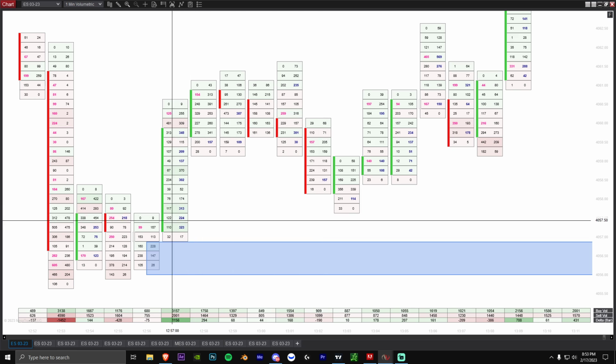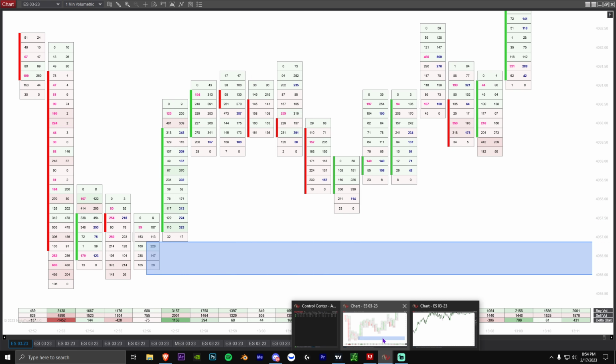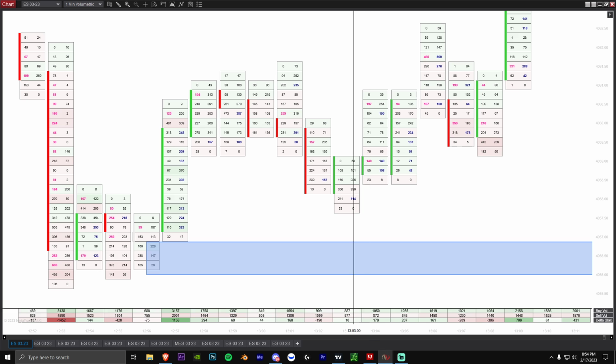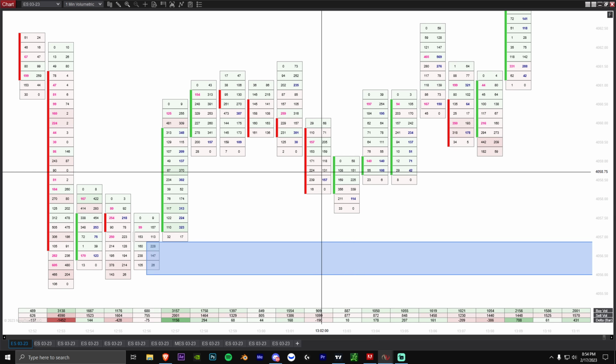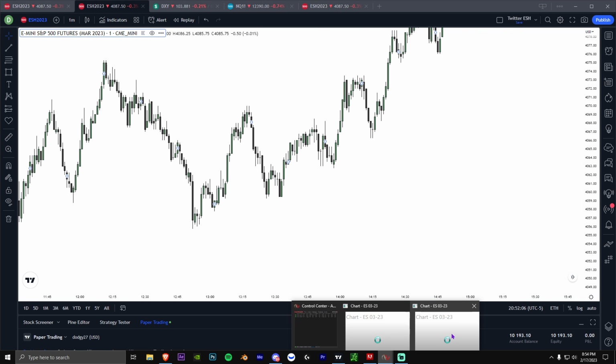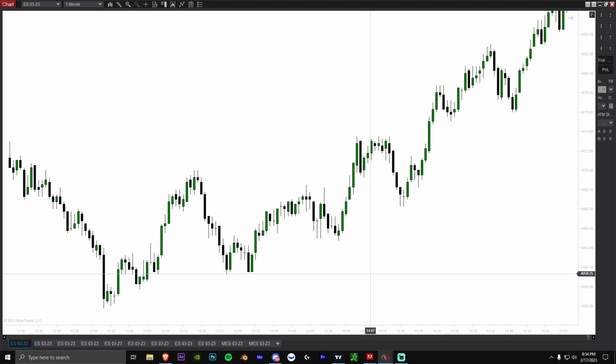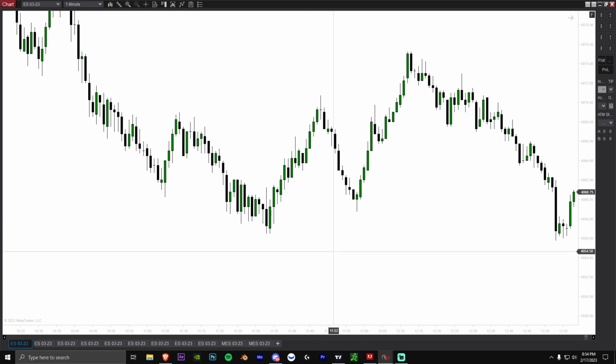Yeah, so I tried entering at these blue numbers earlier, so you can see this bottom ticked it, and I think I got an entry up here.